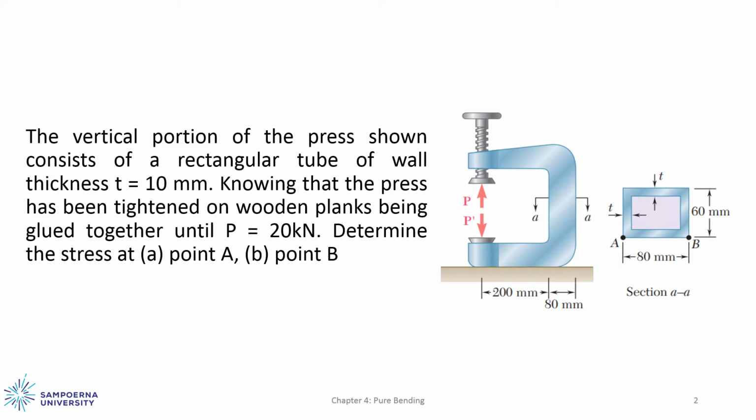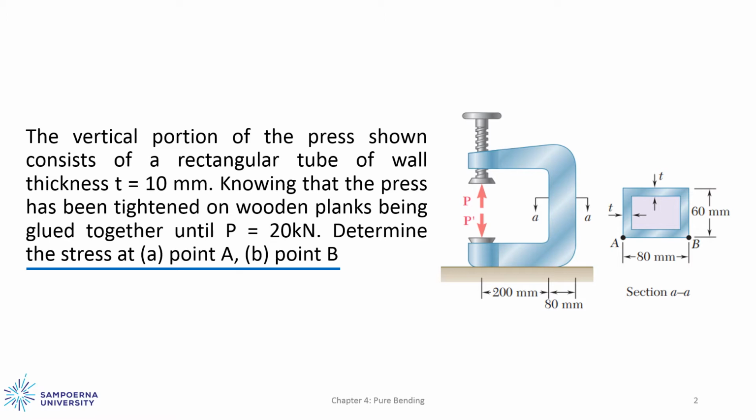In this question, we are asked to find the stress at point A and point B, which are located in the corner of the cross-section. The cross-section is a hollow rectangular beam. How to find the stress at that location?